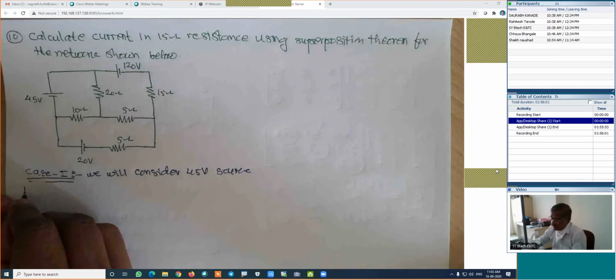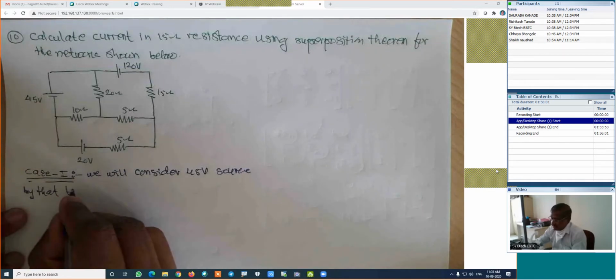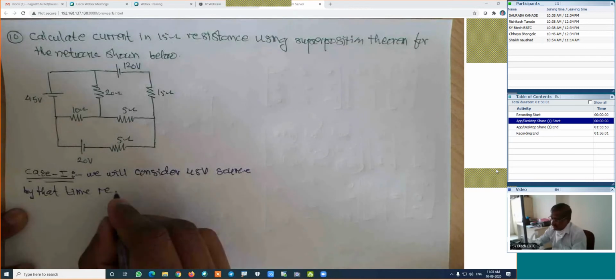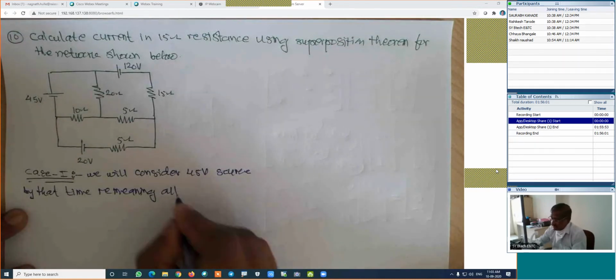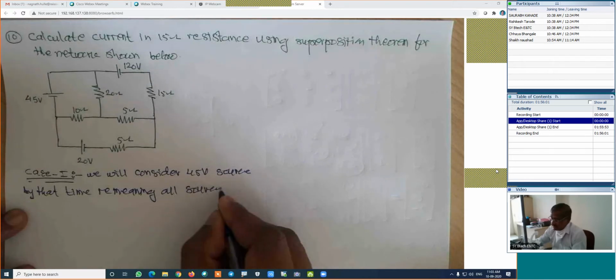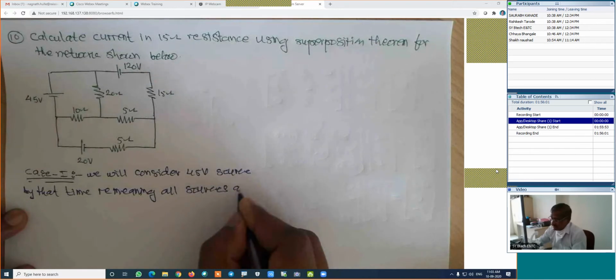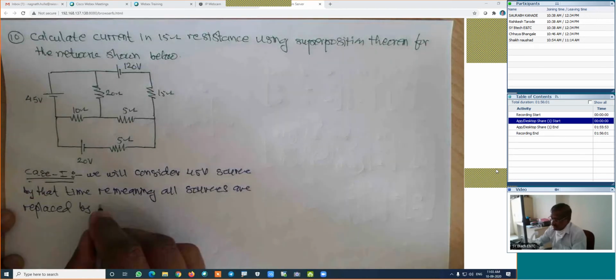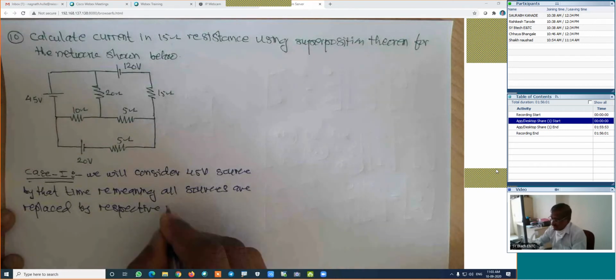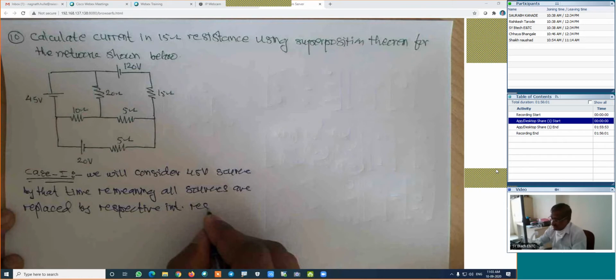By that time, all the remaining sources are replaced by their respective internal resistances.